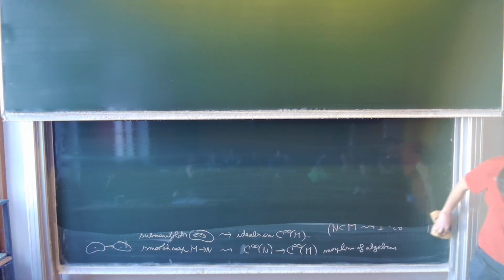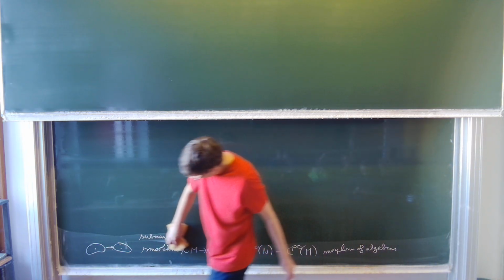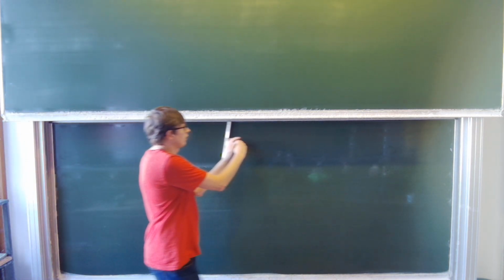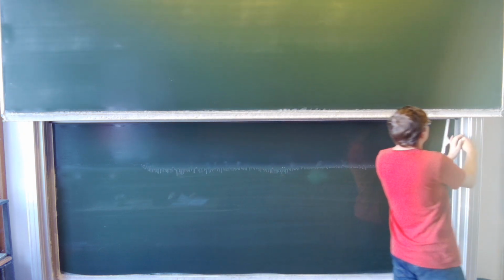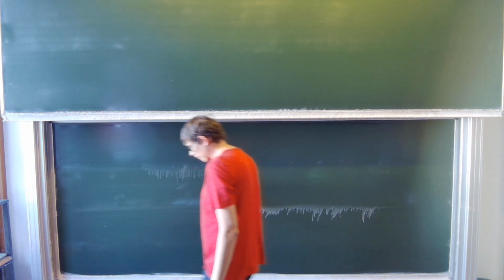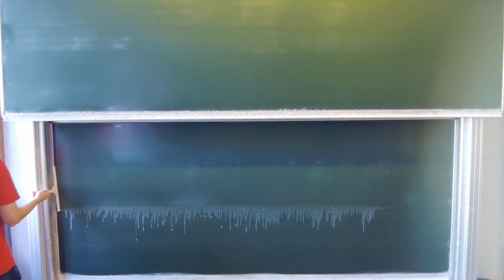If you have a map of topological spaces, you have a pushforward functor between the sheaf categories, which is not very easy to define. And then you can do something like a restriction, which should be a left adjoint, and you can compute it, but it involves some kind of colimit construction. You take a colimit over all opens which contain the image of your open or something like that.